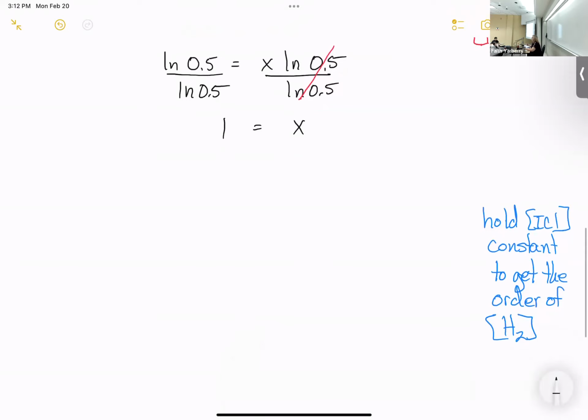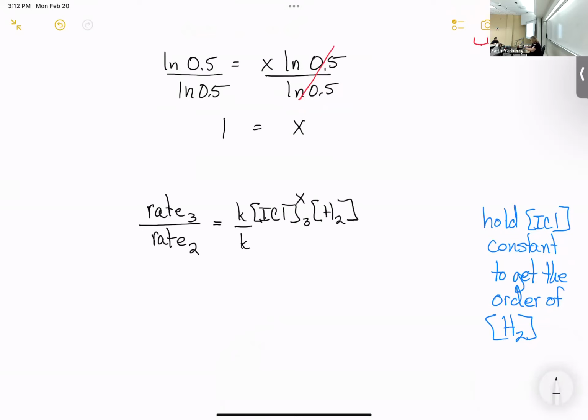And folks, I've been doing rate 1 over rate 2. I could also do it as rate of 3 over rate of 2. In other words, it doesn't matter who's in the numerator and who's in the denominator, as long as you keep it consistent across the entire thing.